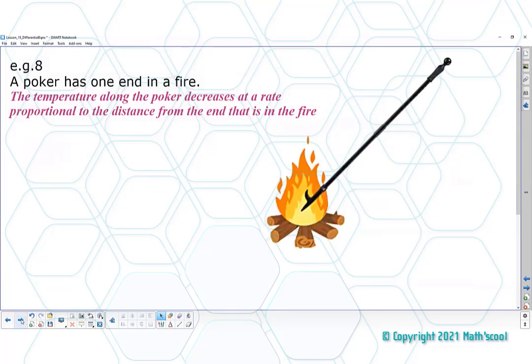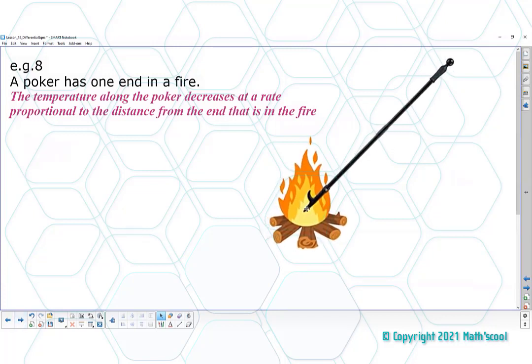A poker has one end in the fire, so you can see that end in the fire. And the temperature along the poker, as you go away from the end that's in the fire, if you touched it here with your hand, you would probably have melted your skin and left it behind by the time you removed your hand.